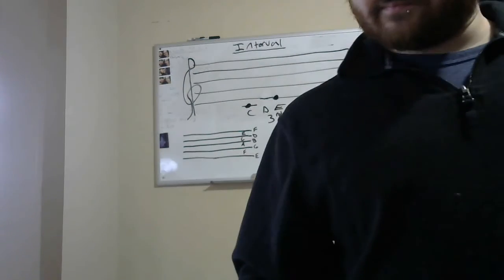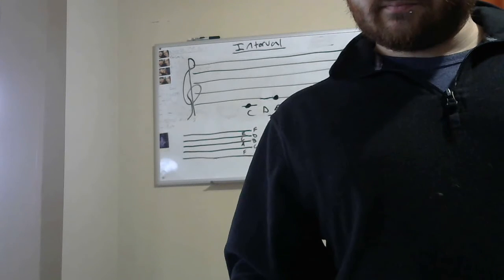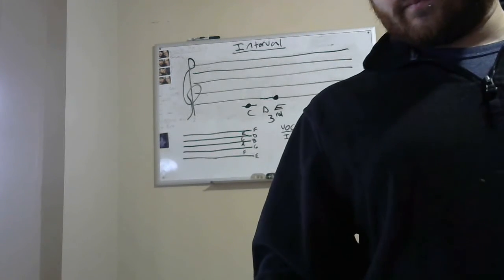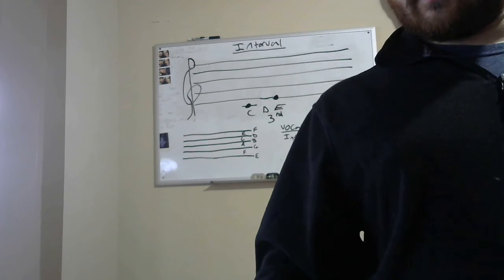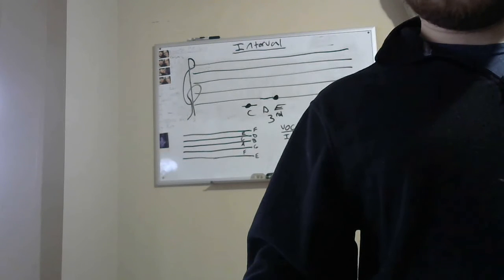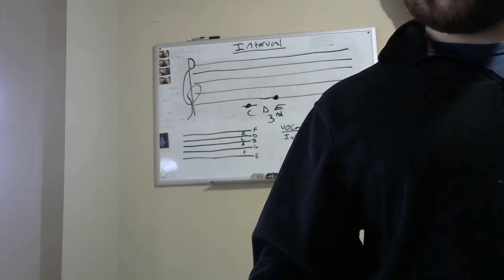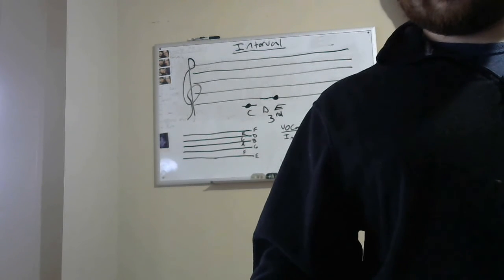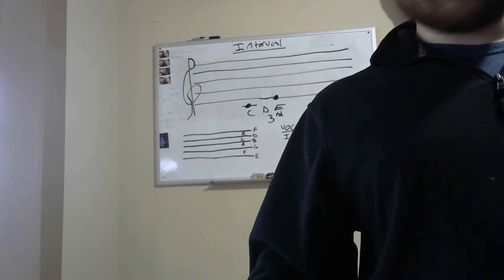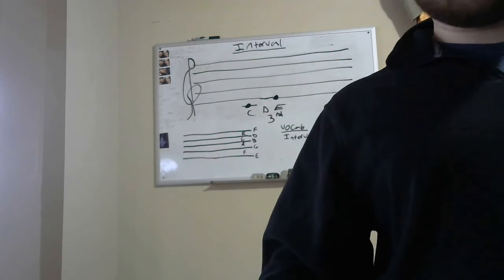C to E. Together. Now hear the difference between a minor third and a major third. This is the one that's written on the board, C to E, which is a major third.